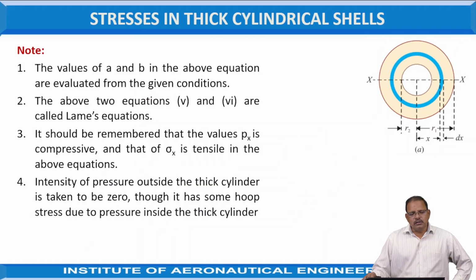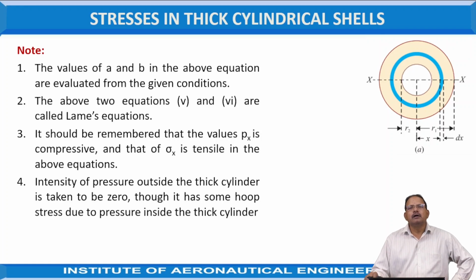So the values of a and b in the above equations are evaluated from the given conditions. The above two equations are known as Lame's equations. You should remember that px is compressive in nature and sigma x is tensile in nature.